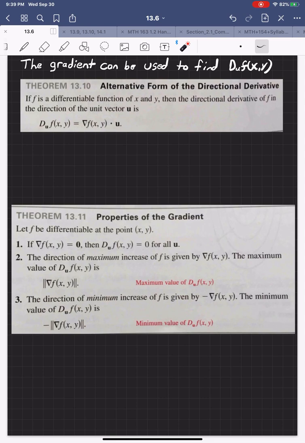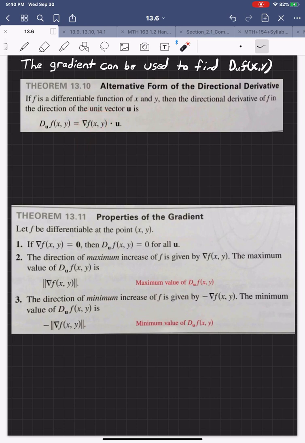Just a couple more properties of the gradient. Again, we assume that your function is differentiable at some point. Let's think about what it would mean if you get a gradient equal to 0. What does that tell us about your directional derivative?